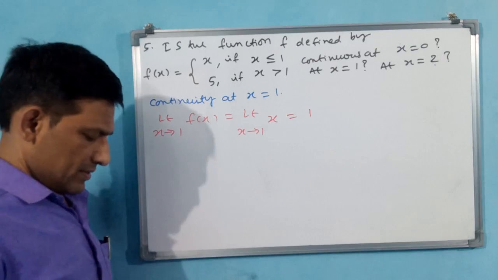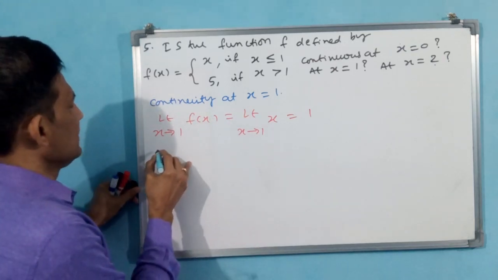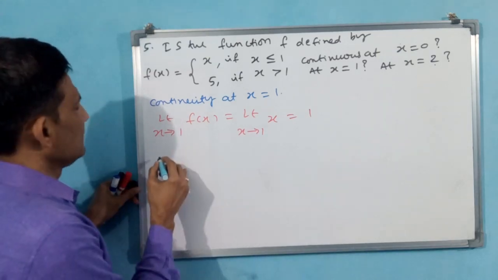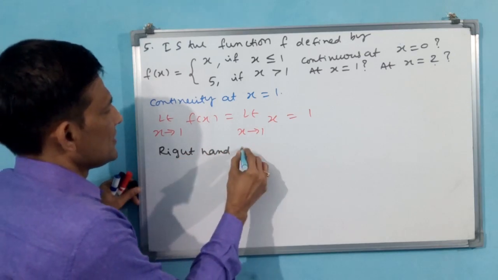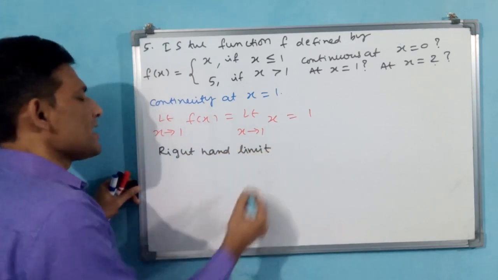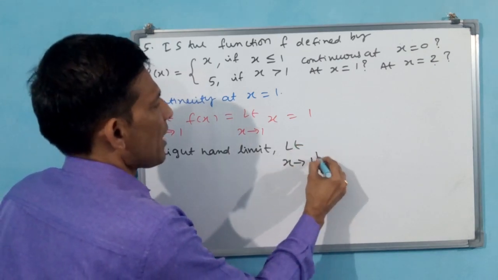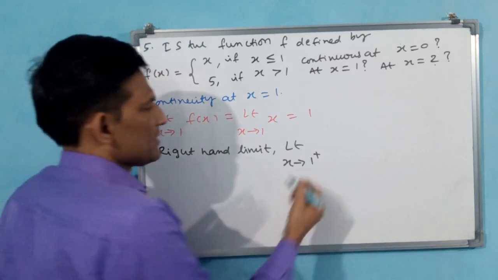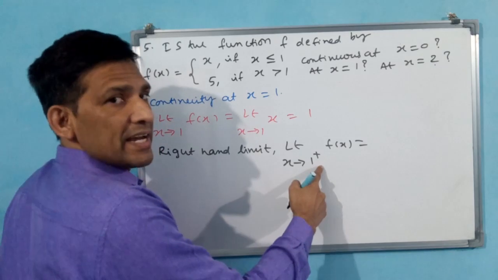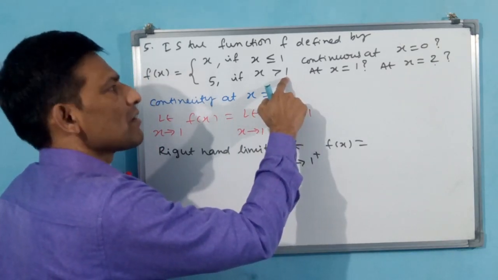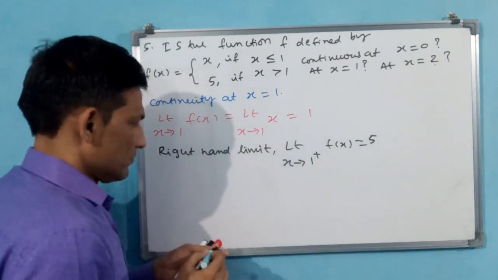Let us write. Right hand limit. I am writing, you see. Left hand limit I am not taking. Right hand limit: limit as x tends to 1 plus of f of x, right hand limit means 1 plus, that is equal to, see, 1 plus means greater than 1, slightly greater than 1, and greater than 1 means 5 you have to take.